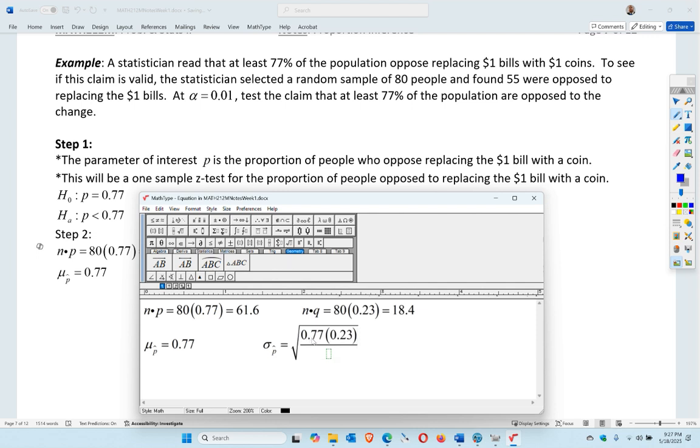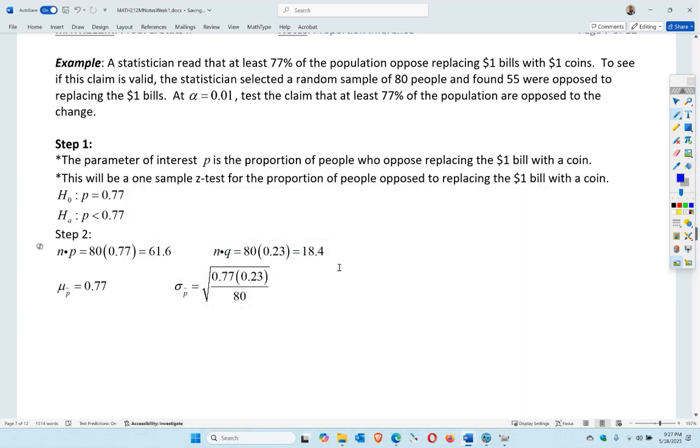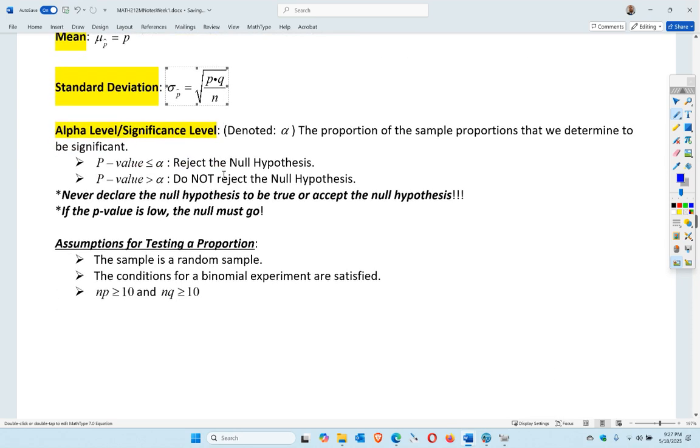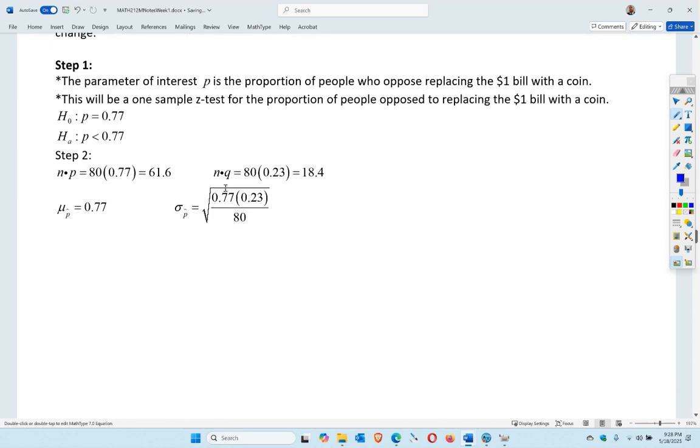We don't need the exact value there. We'll just keep it as is. We'll put all that into the spreadsheet afterwards, right? There's your standard deviation formula, right? Because remember, you have to divide by the sample size for the central limit theorem, from the prior course.